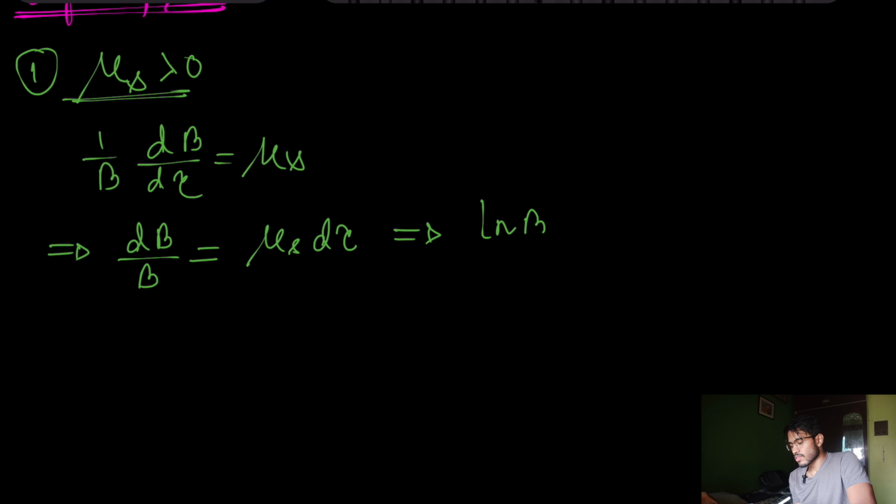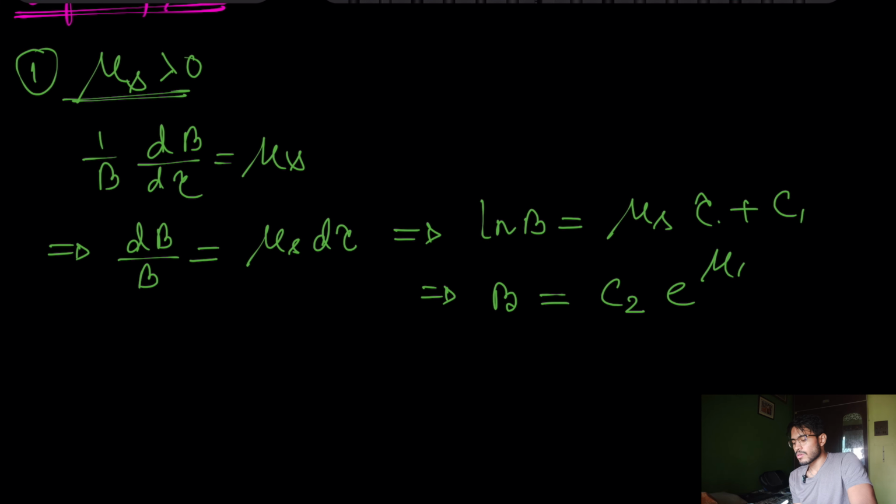I will be solving this without any step jump. Ln b is equal to mu s into tau plus some constant c1. That means b is equal to some c2 into e to the power mu s into tau, where this c2 is equal to e to the power c1, right?